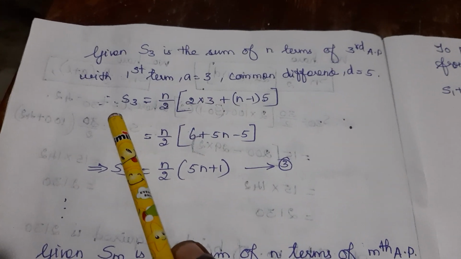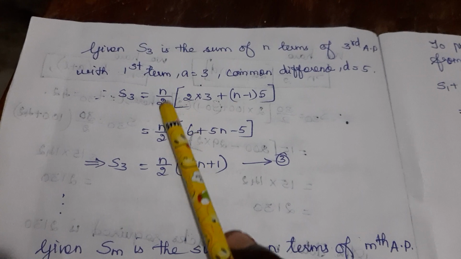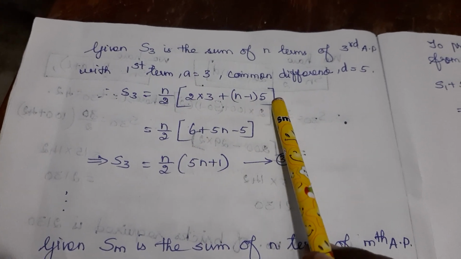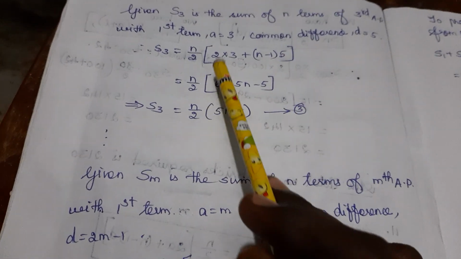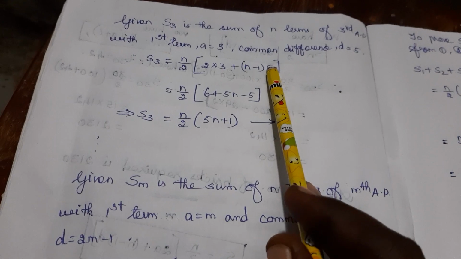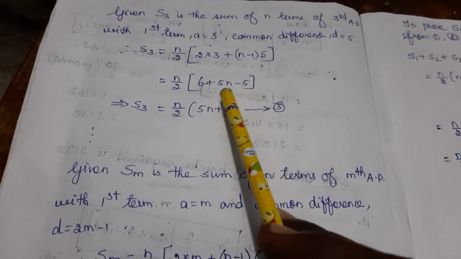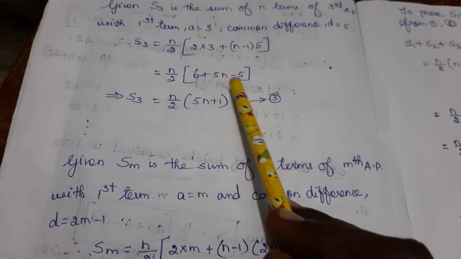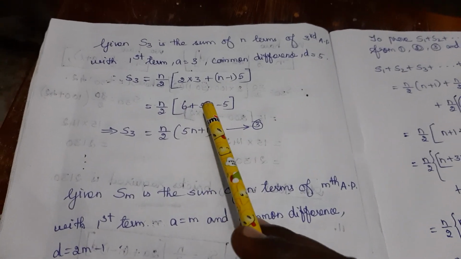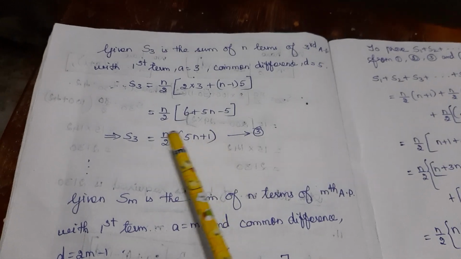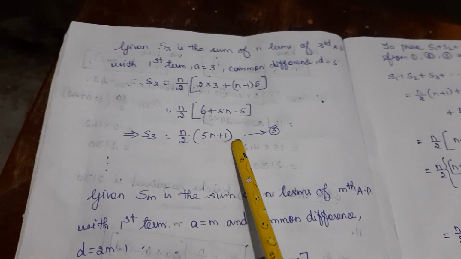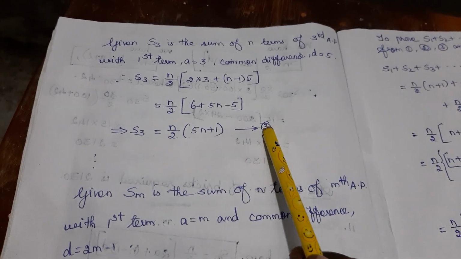So you can write S3 equal to n by 2 into 2 into 3 plus n minus 1 into 5. 2 threes are 6, plus you change the bracket: 5n minus 5. Simplify: 6 minus 5 equal to 1, so the bracket is 5n plus 1. So S3 is equal to n by 2 into 5n plus 1. Consider it the third equation.